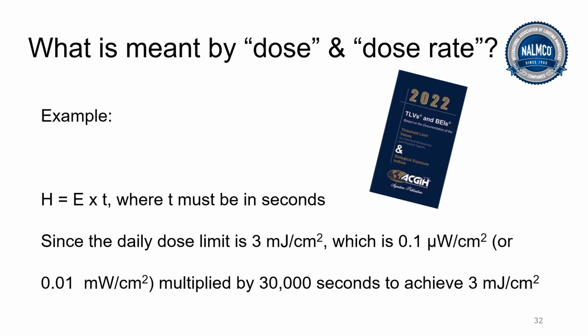Okay, so the safety guidelines for germicidal UV are promulgated by the American Conference of Governmental Industrial Hygienists. That's a mouthful, or just ACGIH, and we see their little threshold limit value book.